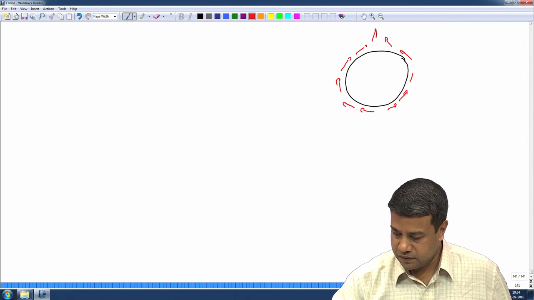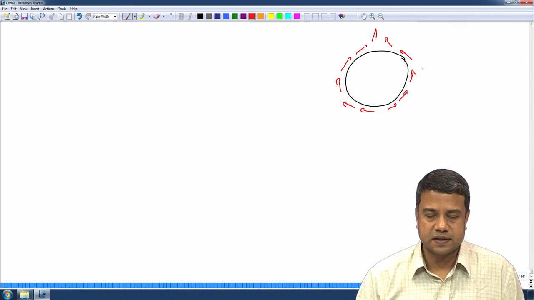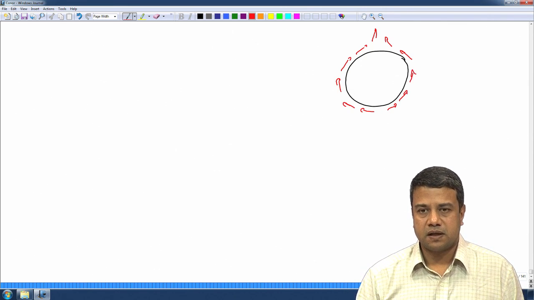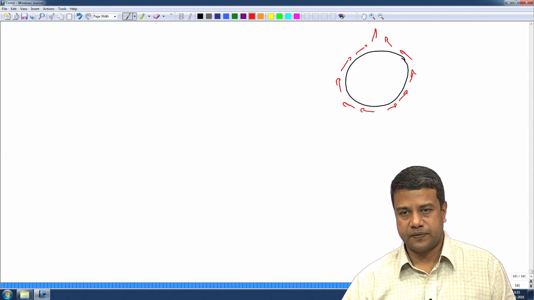And as I showed you, for these cases Grashof number is large, convection is large compared to diffusion for most of the fluid.